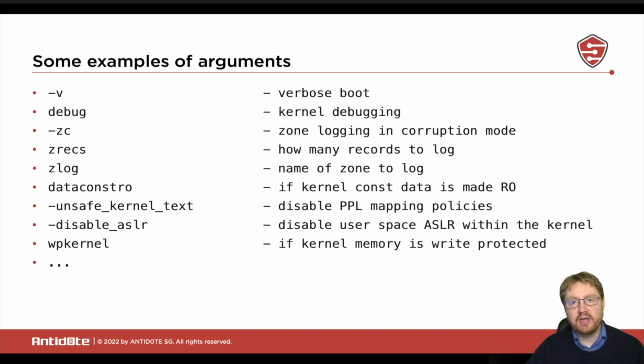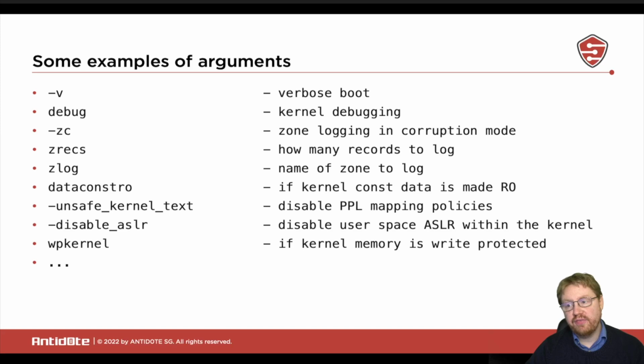So here is a small subset of possible kernel boot arguments that exist. You have the -v, which activates a verbose boot. It's especially popular among jailbreakers who like to see their iOS device booting in a verbose mode. Then you have the debug kernel boot argument, which is mostly for controlling debugging features like the kernel debugger.